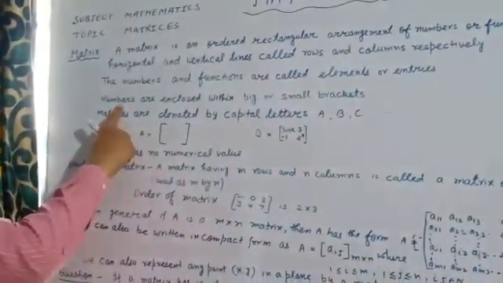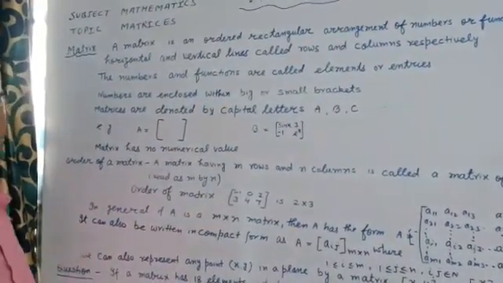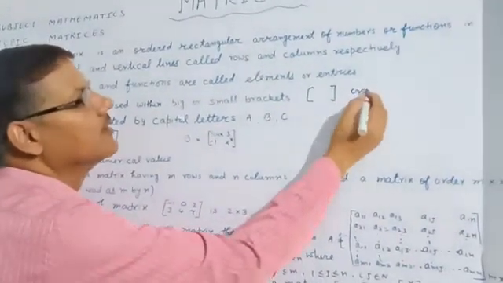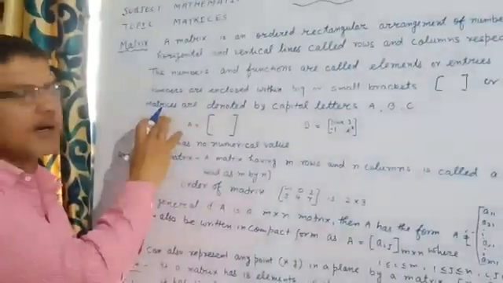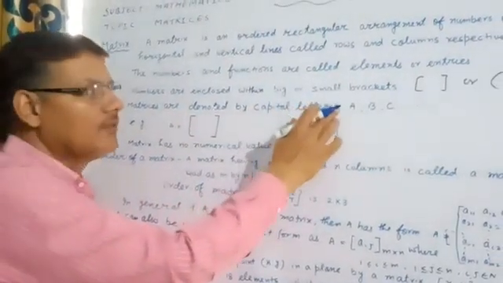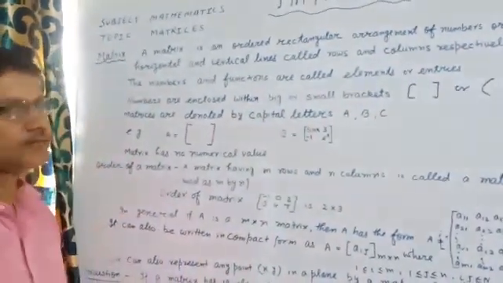Elements of the matrices are enclosed within big or small brackets, such as this is big or sometimes we use this. Matrices are denoted by capital letters of English alphabet like A, B, C and so on.